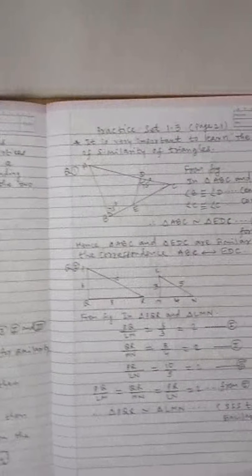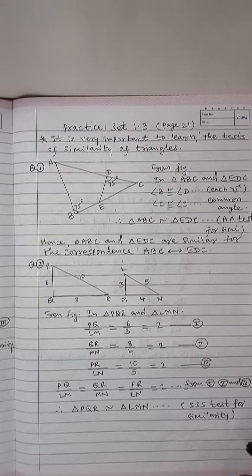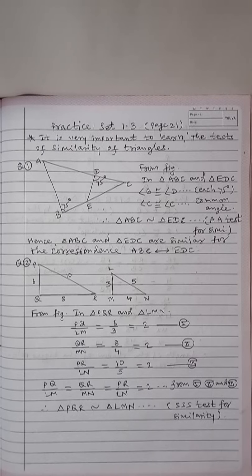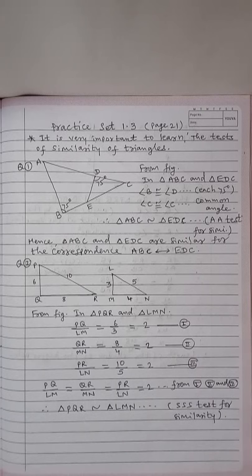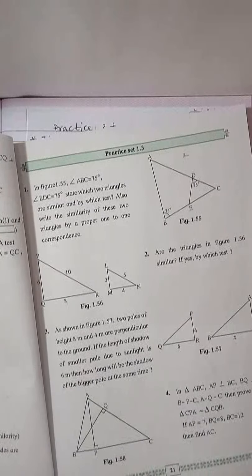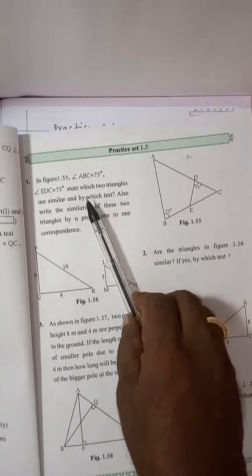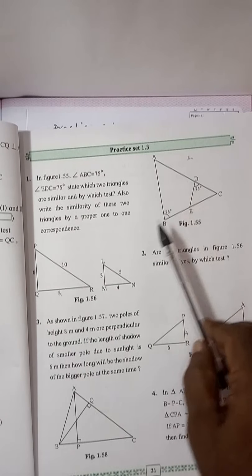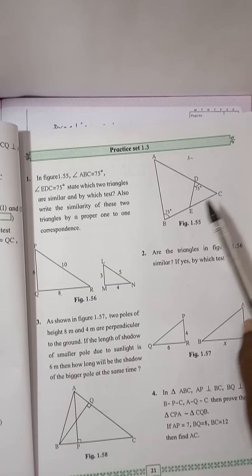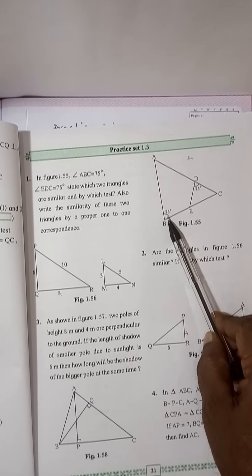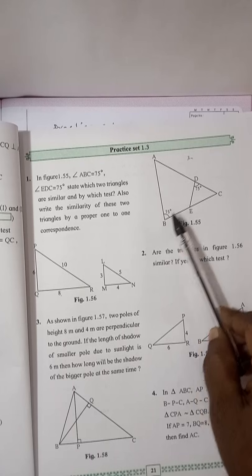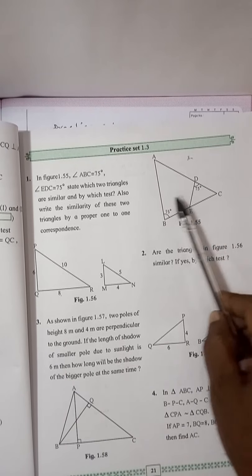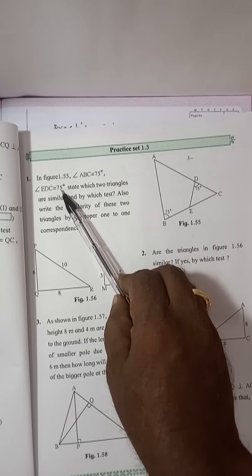Now we will move to practice set 1.3, page 21. See the first problem. In this figure, angle ABC is 75 degrees and angle EDC is 75 degrees.